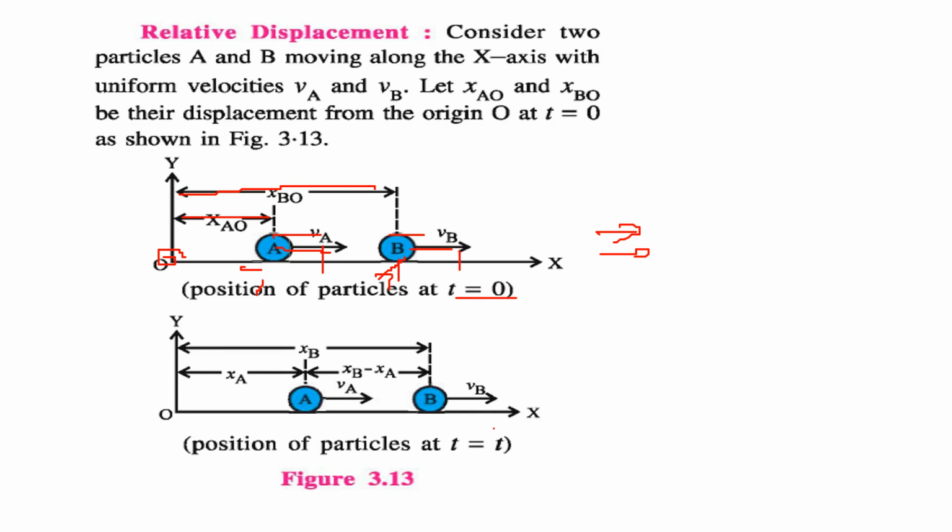Say at some t value, they have started, and at some t equal to t, this might have moved somewhere, and this also might have moved somewhere. So what is the position now? This is XA position, this is XB position, and what is the distance between these two? XB minus XA.